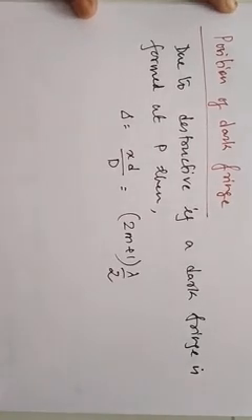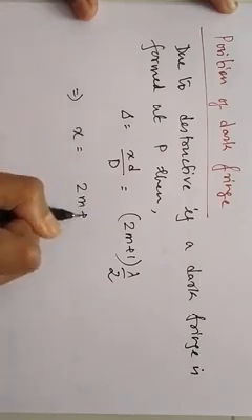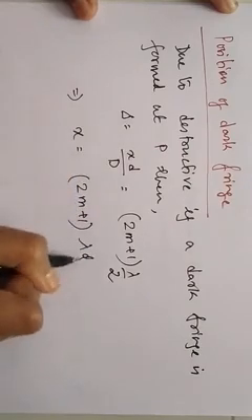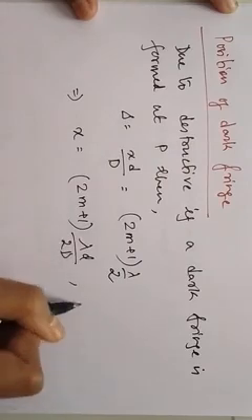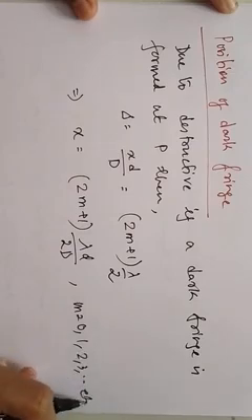We know this, right? So x will be equal to 2m plus 1 lambda D by 2d, where m again has these values 0, 1, 2, 3, etc.